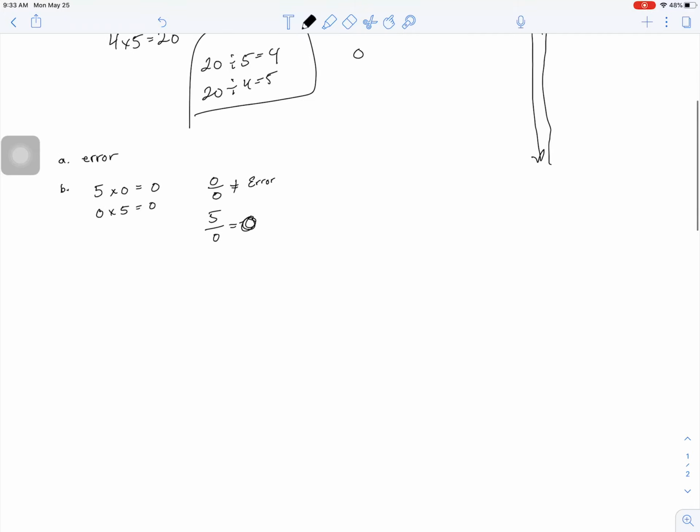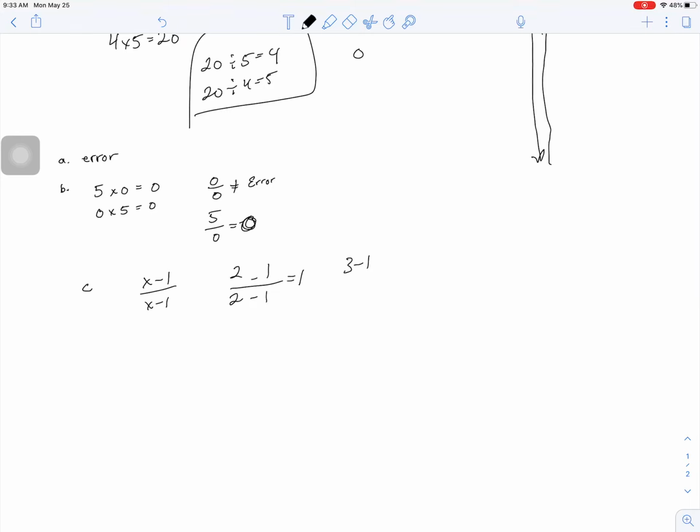Okay, so let's go to C. Under the circumstances, which expression does the following expression not equal 1? Okay, so here we have x minus 1 over x minus 1. All right, so normally if we would substitute x, say, with 2, then you have 2 minus 1 over 2 minus 1.